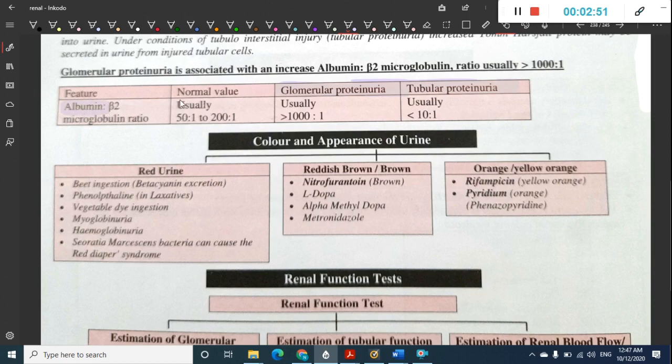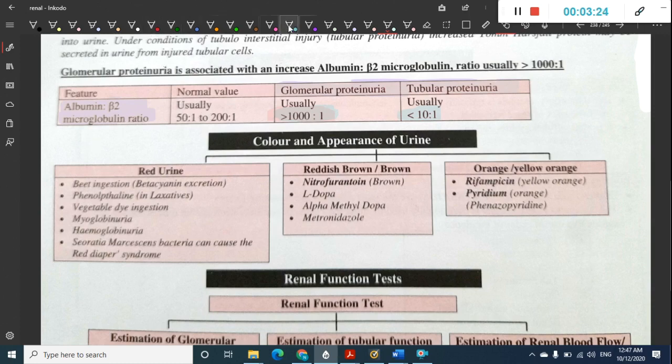What is important here is the albumin to beta 2 microglobulin ratio: it will be more than 1000:1 in glomerular proteinuria and less than 10:1 in tubular proteinuria.